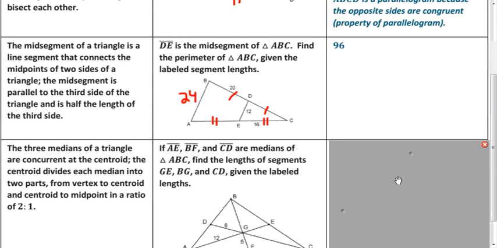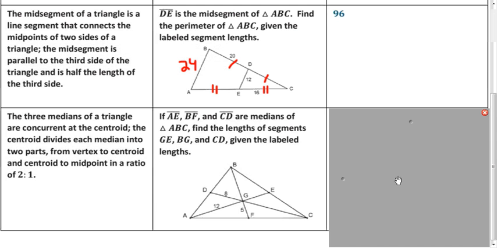And we learned in centroids that the centroid splits the median so that from the vertex to the centroid is 2/3 of the total length, and from the centroid to the midpoint is 1/3 of the total length. So using that property, how can we figure out what the missing pieces are here? Well, AG is 12, so GE is going to be half that, 6.